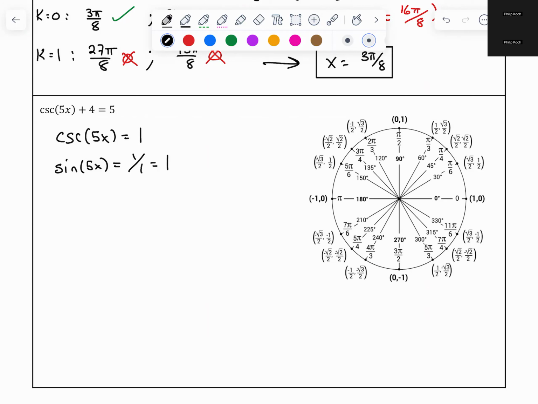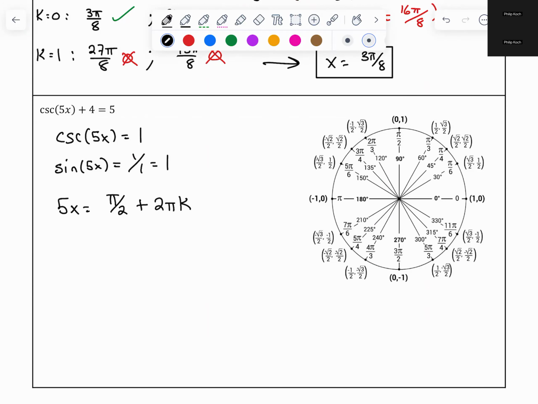So that means that 5x. When does sine equal 1? It equals 1 at one spot: pi over 2. So we have 5x is equal to pi over 2 plus 2 pi k. But we don't want 5x, we want x.